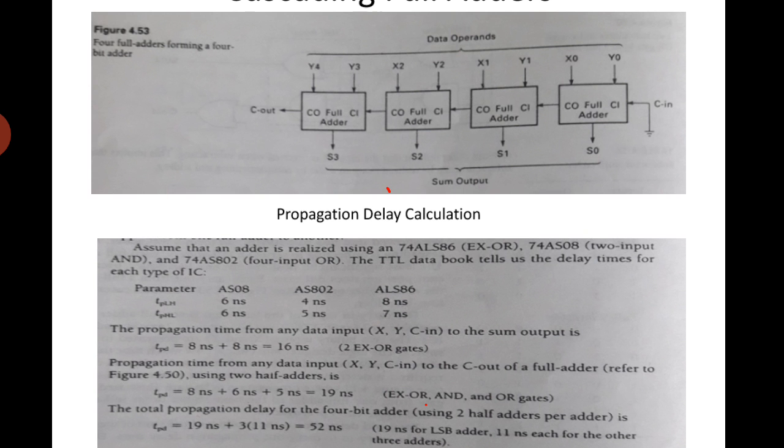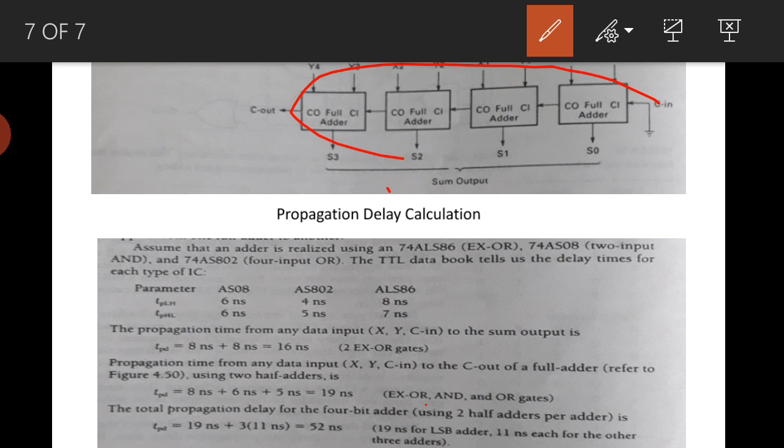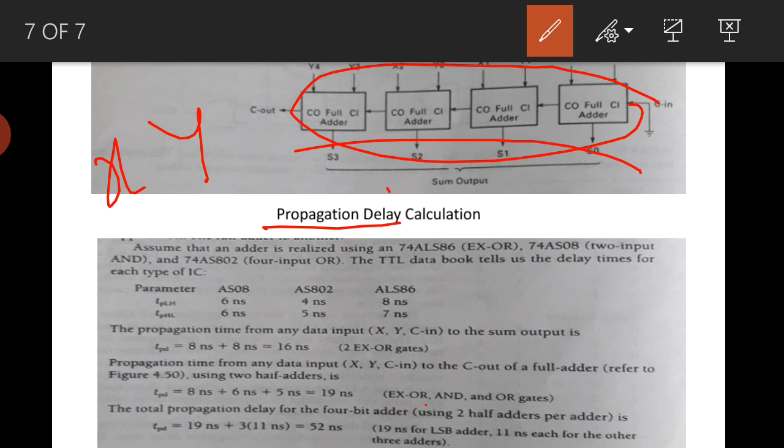This is regarding what we have seen now, the addition of 4 bits. Now propagation delay means what time it will take from when we give the inputs x and y to when we get the outputs sum and carry.